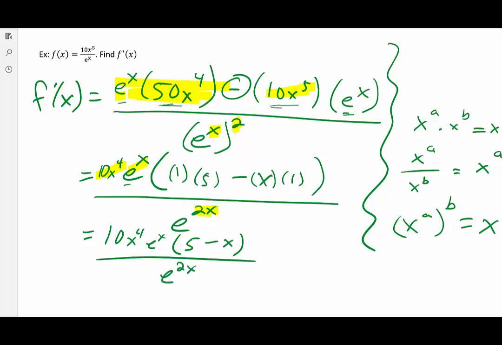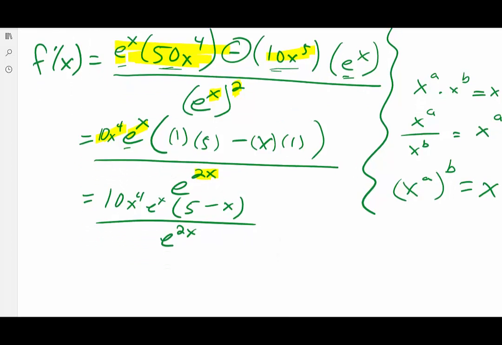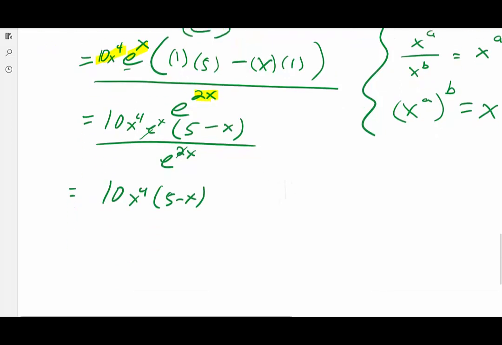And then the last thing I'm going to do here is I notice that, hey, I have an e to the x as a factor in the numerator, an e to the 2x as a factor in the denominator, and some of that's going to cancel each other. Okay, because they're factors, they're multiplying. So e to the x cancels, and this e to the 2x now becomes an e to the 1x power. So my final answer is 10x to the fourth times 5 minus x, over e to the x.